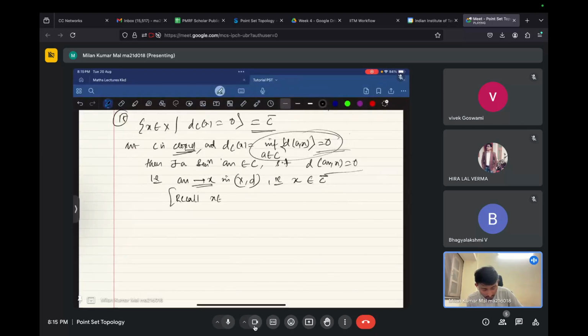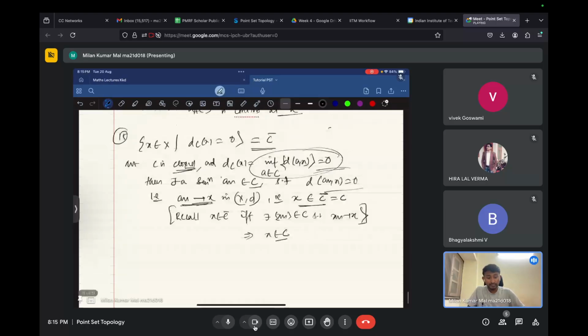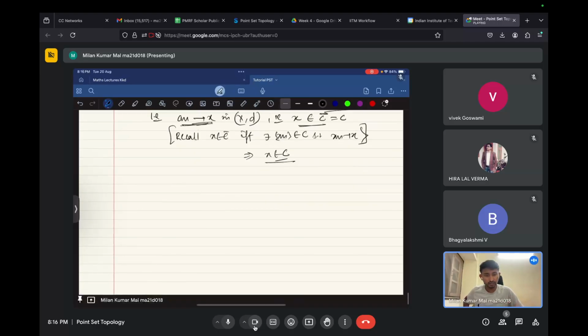Recall, x belongs to C closure if and only if there exists a sequence x_n coming from C such that x_n converges to x. So we got a sequence a_n from C which converges to x, which means x is in C closure, and that is actually C. So when C is closed and dcx is 0, we get that x belongs to C. So one side is clear. I hope this is not a problem.